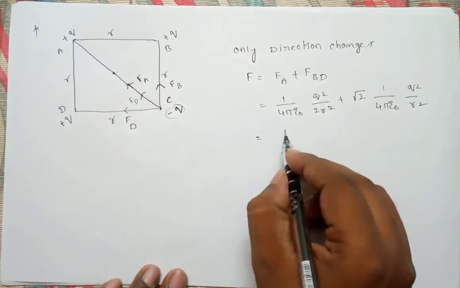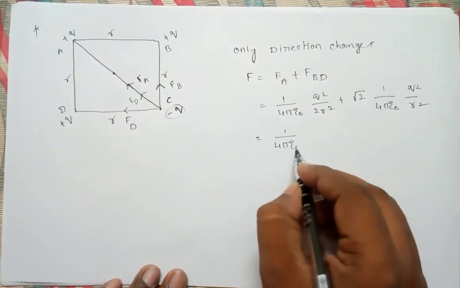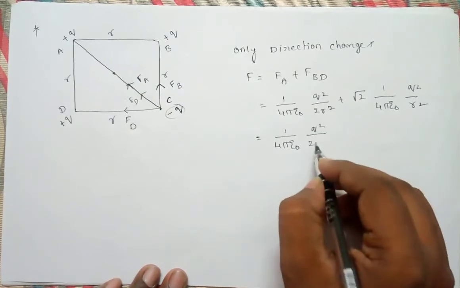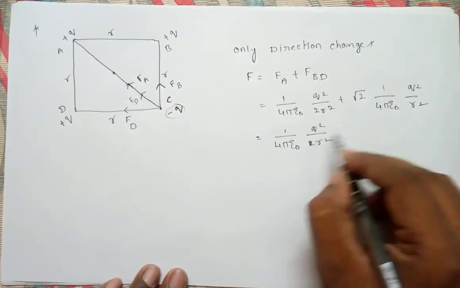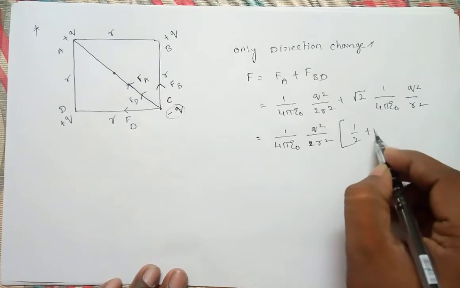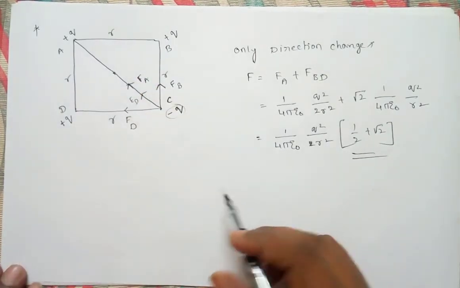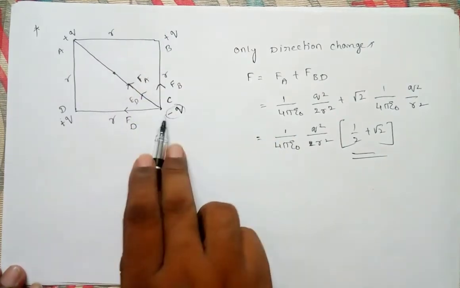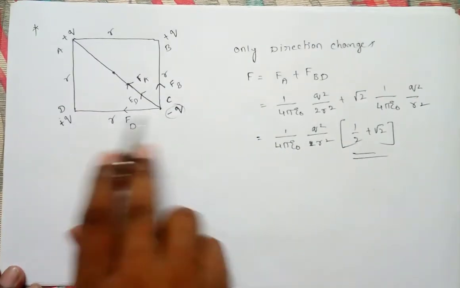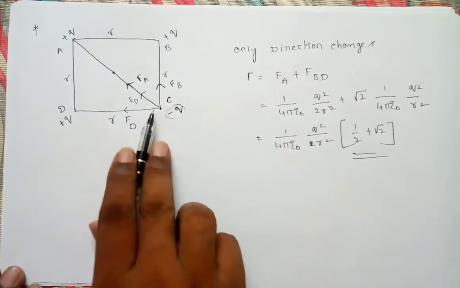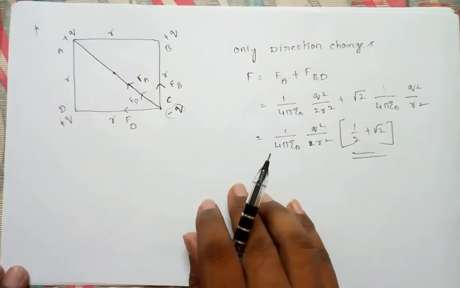Then the result is the same: 1 upon 4 pi epsilon naught Q square by 2 R square into 1 by 2 plus root 2. So if all the charges are positive, the result will be away from it. If one of the charges is negative, the force experienced is towards it.